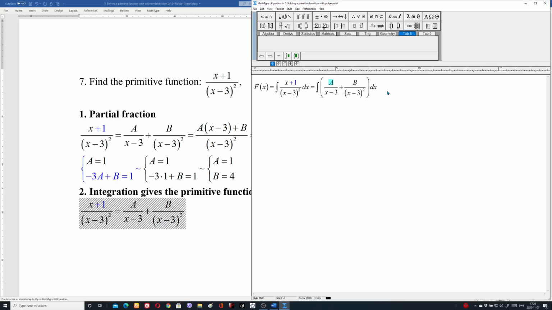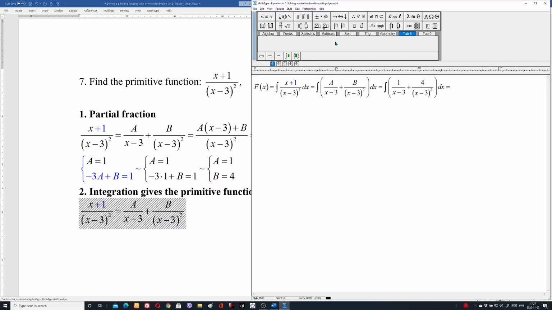I will put instead of a 1 here, and instead of b I will put here 4. Okay, so this one here gives, I will take one integral from this one here and one integral for this equation. I will take two integrals for two different integrals.